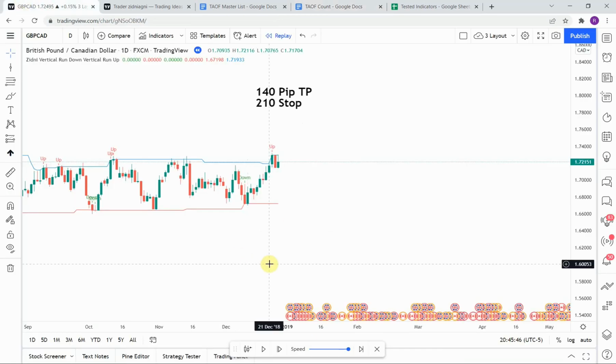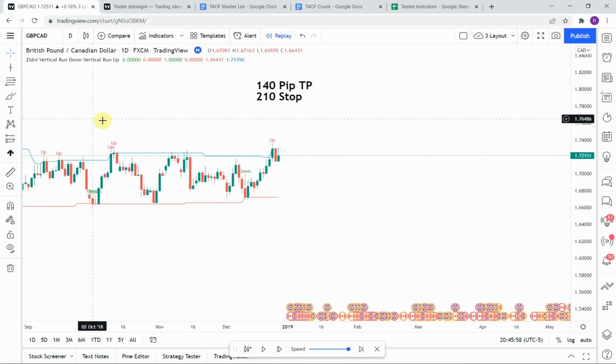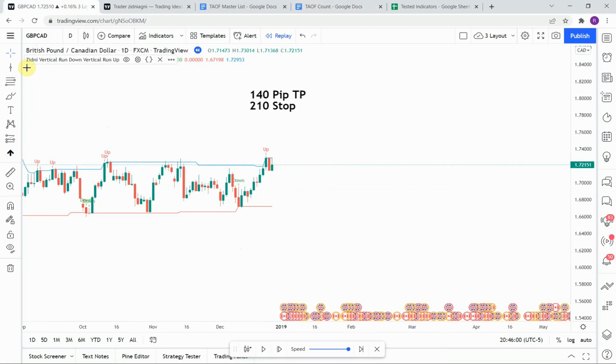Okay, so today's indicator is the Zidni vertical run down, vertical run up indicator. You can see it here on screen. The last indicator that we did was also by this same creator, the Zidni. I believe I'm pronouncing that correctly. Could be wrong, but nonetheless, that is the creator, the beginning of the indicator name there.